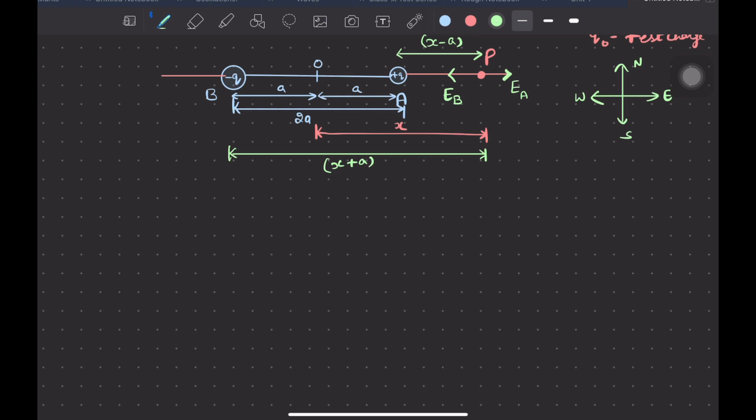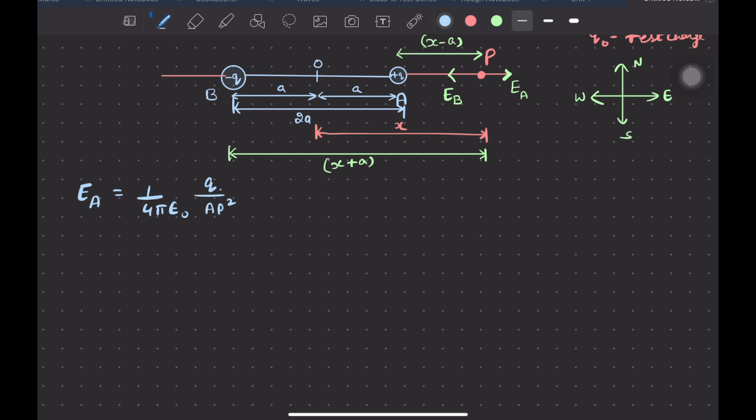Now what I need to find is the value of EA and the value of EB, and then we will talk about the resultant. Let us first talk about the value of EA. The electric field at point P because of the charge placed at point A is equal to 1 upon 4 pi epsilon naught, Q upon, taking the magnitude, AP square.